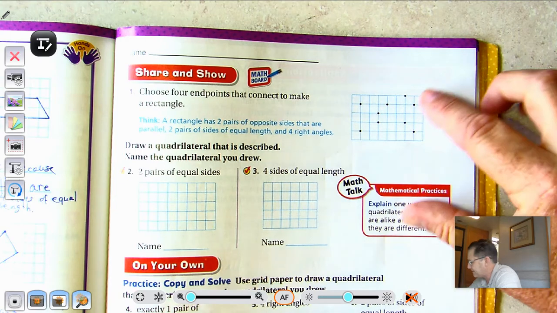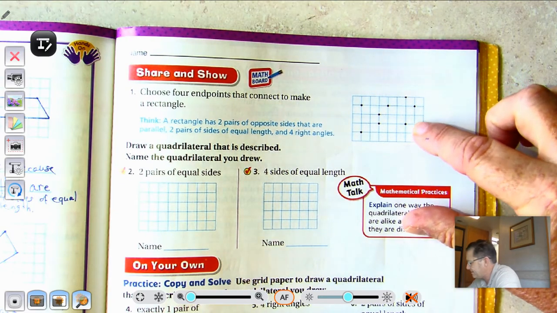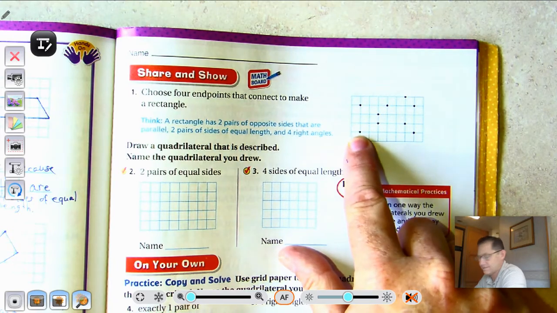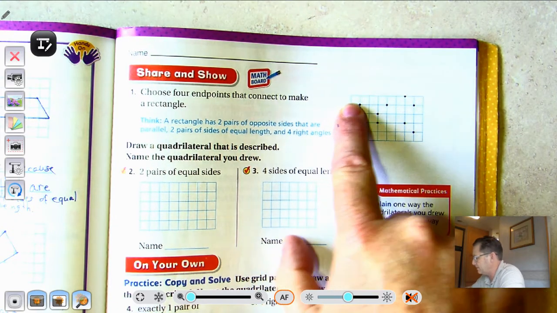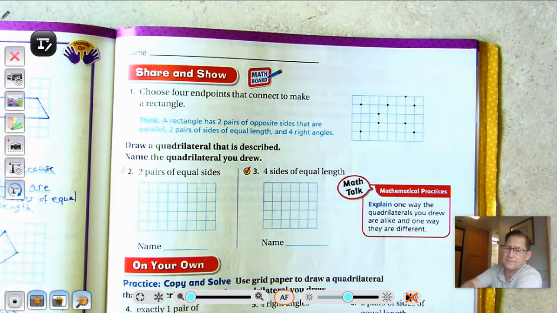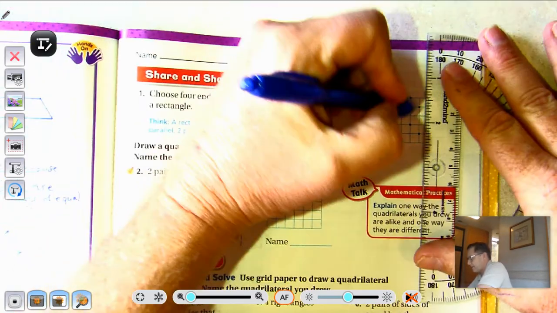So I think I see, if I combine these 2 with this one to this one across the top, I believe that would make a rectangle shape. So let's try that.